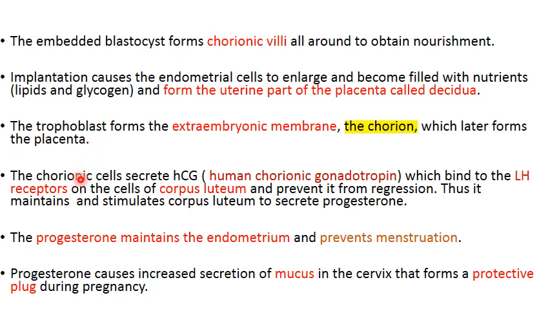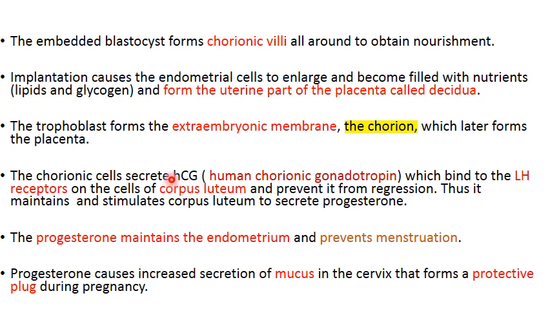And the chorionic cells secrete HCG, human chorionic gonadotropin. And this HCG, as I said previously also, is the pregnancy hormone, and if a female has to check if she is pregnant or not, this is the hormone level that will be checked in the urine or the blood sample.